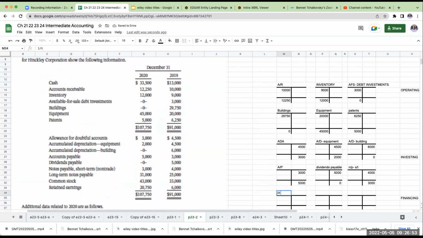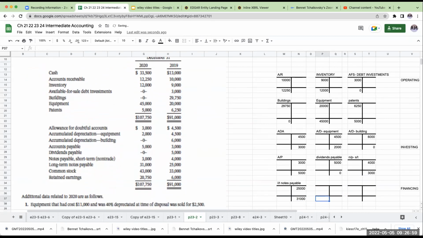Long term notes payable, opening is 25,000, ending is 31,000. And then over here, you've got common stock. Opening is 33,000, ending is 43,000. And then we have retained earnings. Opening is 6,000. Ending is 20,750.